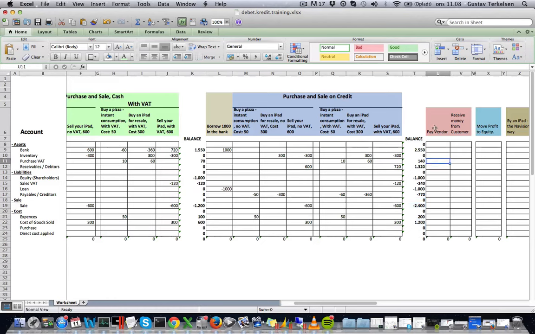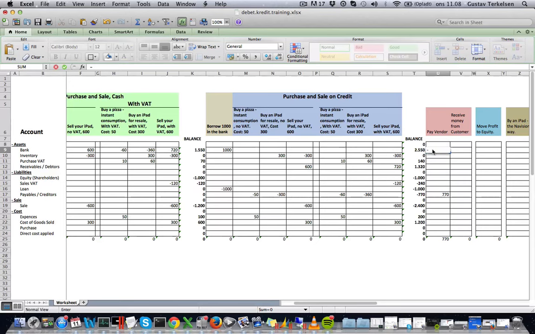So the next thing that happens here is that we're going to pay our vendor, and we can see that we owe them a total of $770. So we're going to put this to 770 like that, and this means that our bank account will be reduced because we are actually paying the vendor.